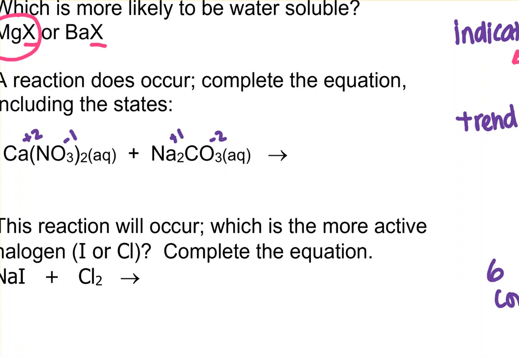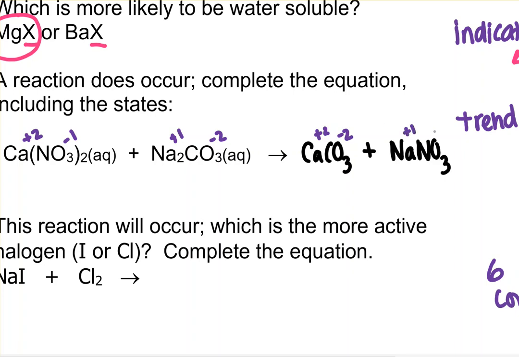Then the front part of one goes with the back part of the other, so the calcium goes with the carbonate, and the sodium goes with the nitrate. When I bring these over here, I have to consider the charges again and make sure that I have good formulas, and that each compound is neutral.